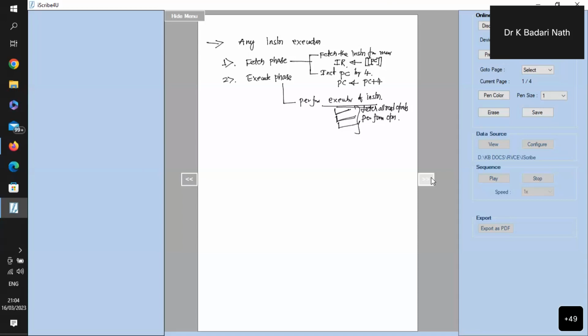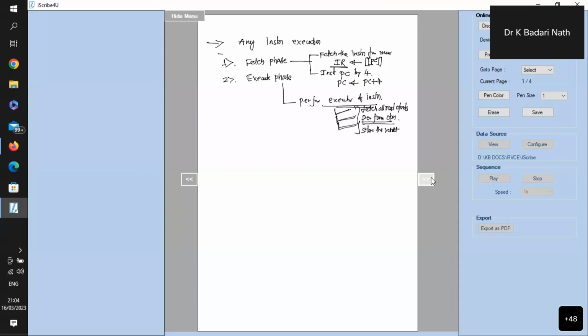The instruction is already there in the instruction register. The moment it's there, you can understand what type of instruction you're supposed to perform. So based on the information present in the instruction register, instruct the ALU to perform the operation. The last step is to store the result. You can store the result either in the memory or in a register itself. So these are the three sub-steps required for the execution.